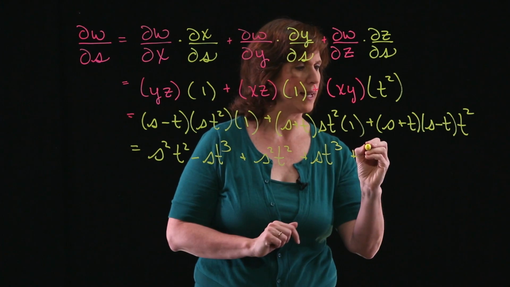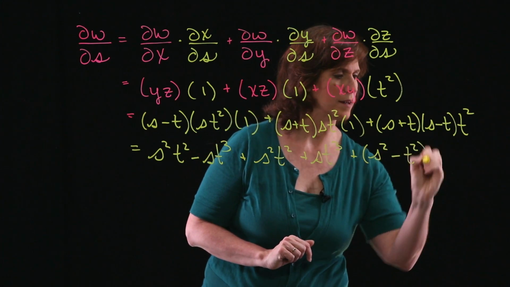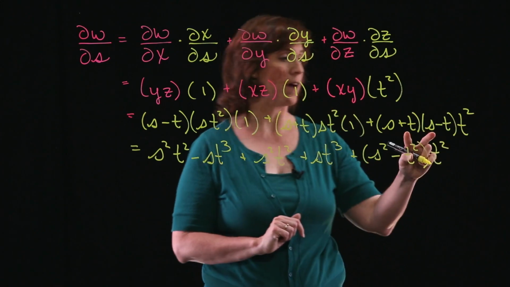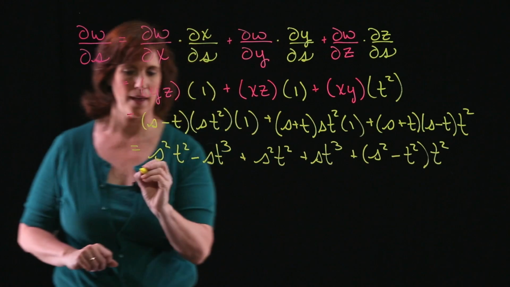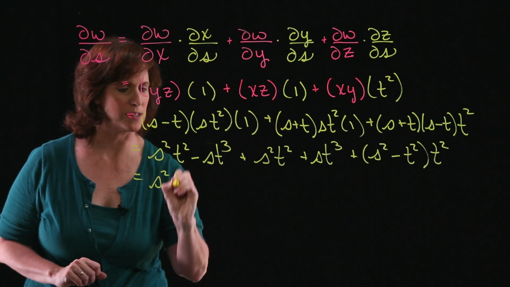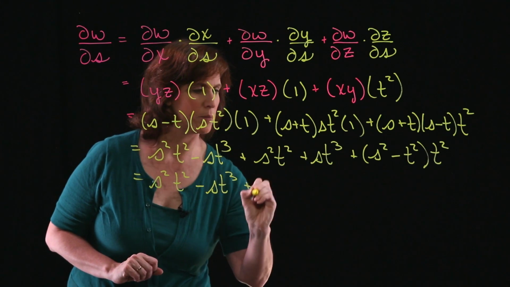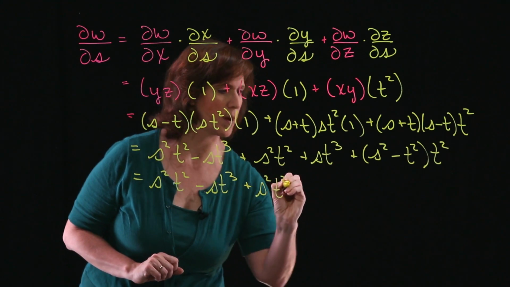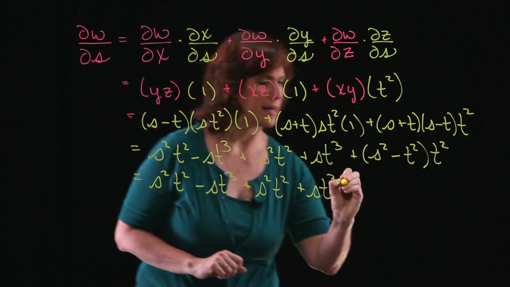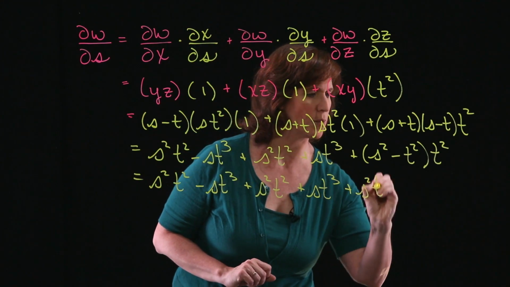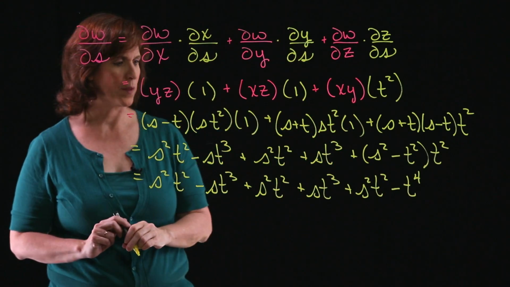And this is going to be s squared minus t squared times t squared if I use the FOIL on the quantity s plus t, s minus t. And so that leaves me with an s squared t squared minus st cubed plus s squared t squared plus st cubed and an s squared t squared minus t to the 4th power.